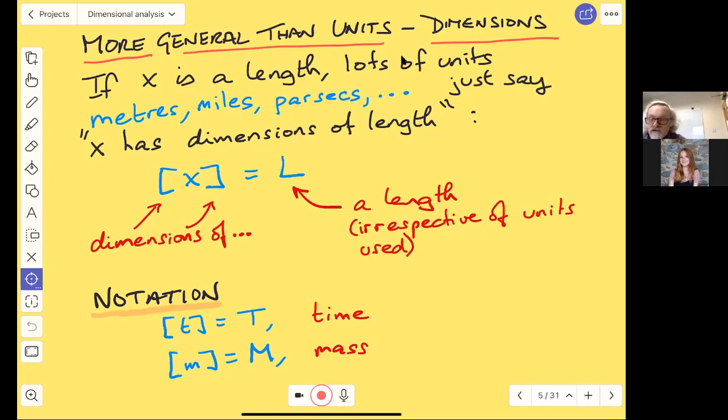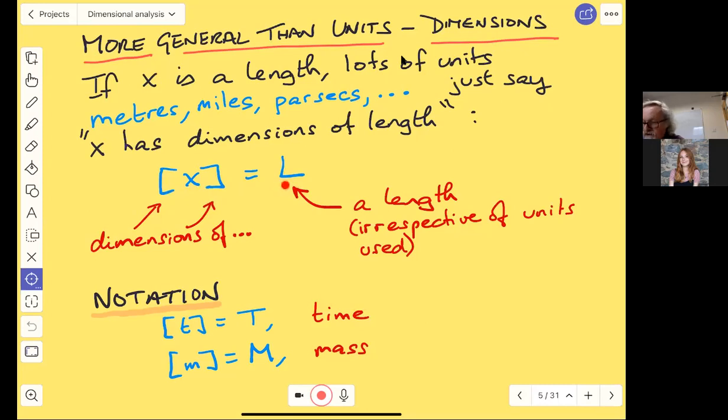And you could have whatever set of units you want, but we're just going to generalize the idea. And the notation we use is we take our quantity, here it's x, we put square brackets around it, and that means what are the dimensions of the contents of the brackets. So this notation we're going to be using throughout the entirety of the talk. And if x is a length, the notation we're going to use is to say the dimensions of length are capital L.